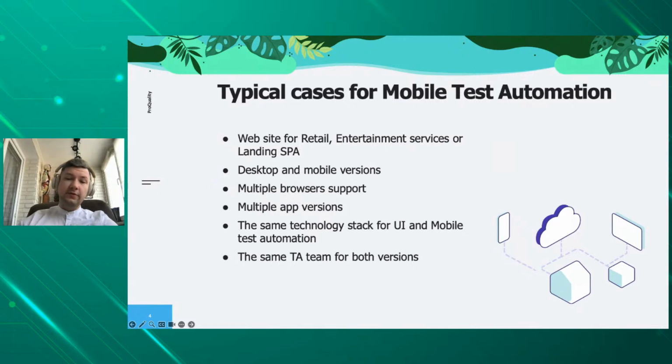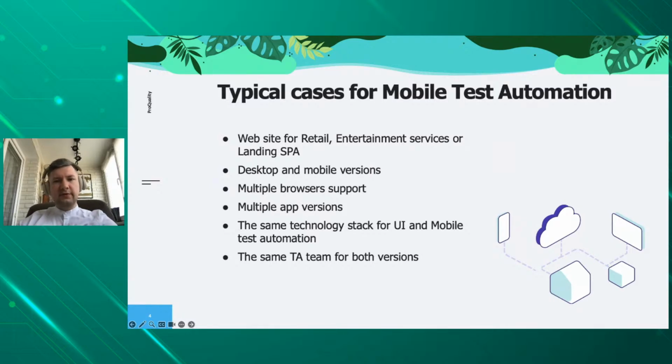The other situation is when they initially told you that we will have a web application and mobile at the beginning of the project, and you need to cover them both. In such a case, you will anyway start from the desktop version, which will be implemented initially.